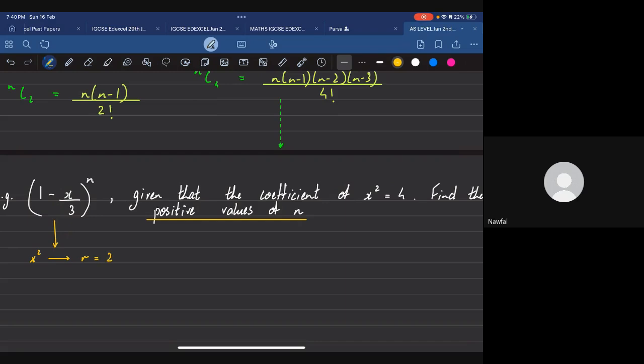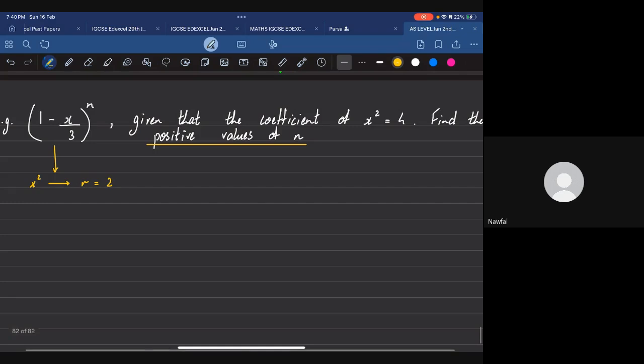And if r is equal to 2, then I can put in my formula. My formula is NC2 times 1 to the power n minus 2 times (minus x over 3) raised to the power 2, or r, whatever the case is going to be.